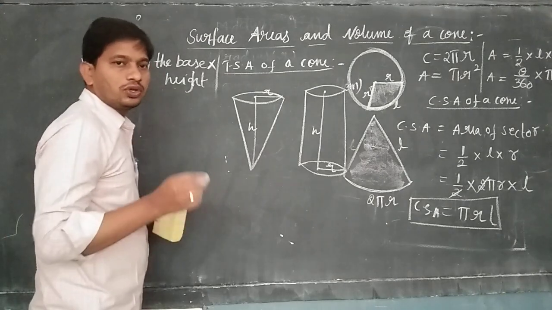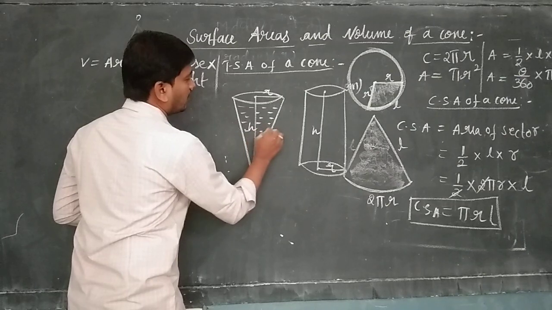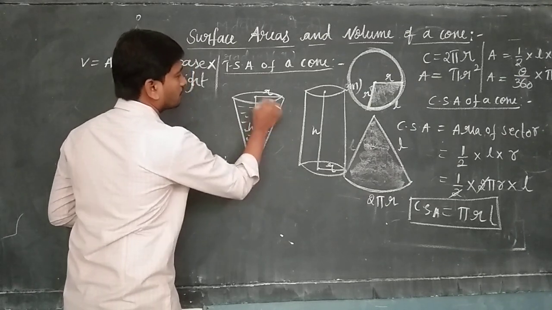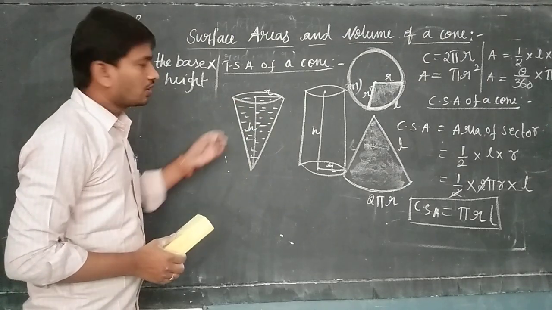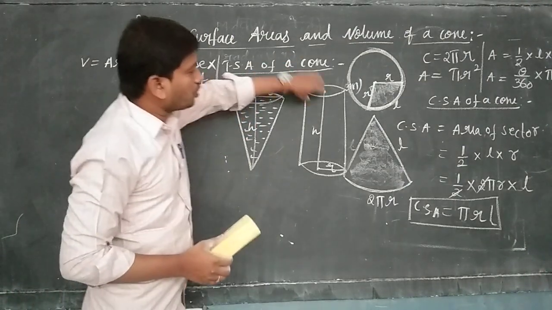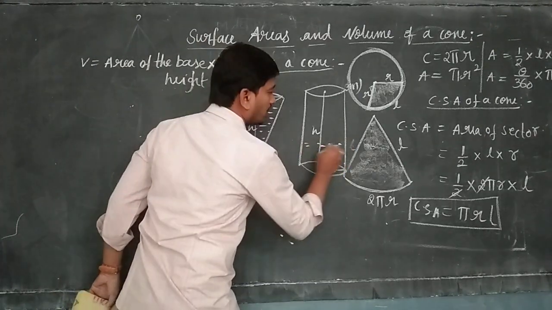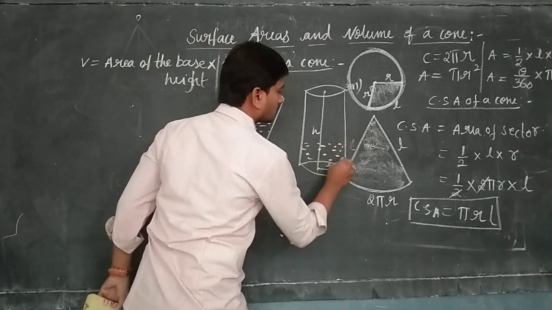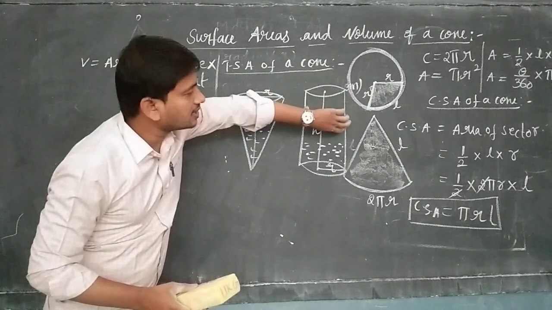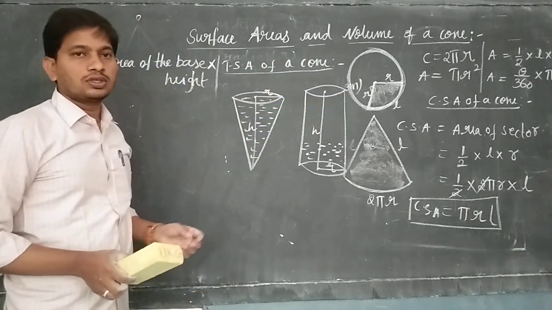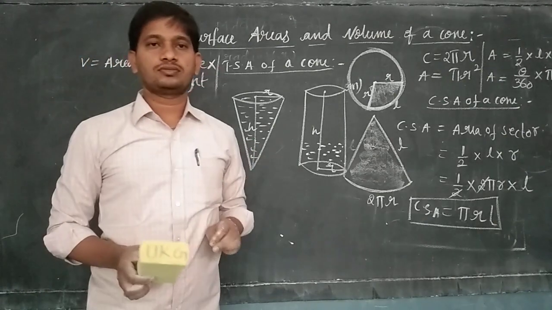Now you take water and fill the cone up to the brim. Now you pour this water into the cylinder. Repeat this process 3 times.